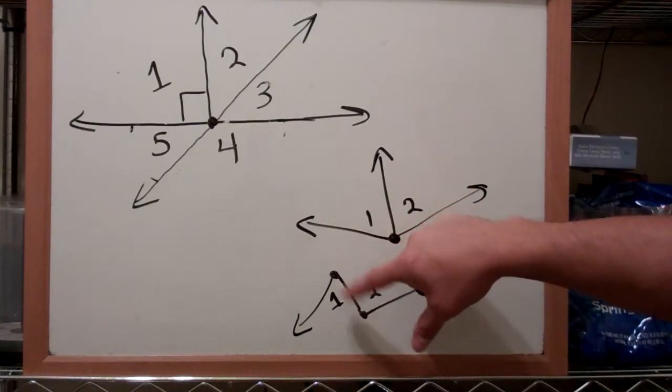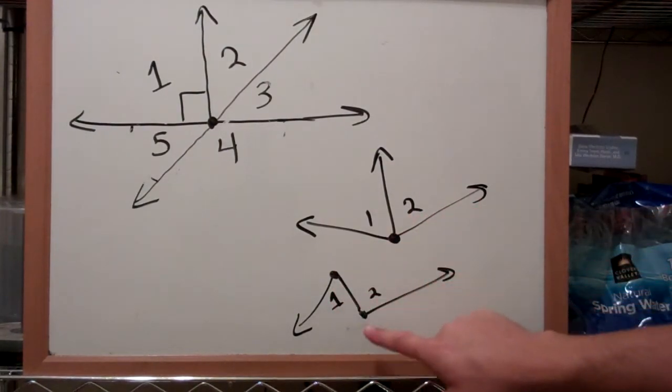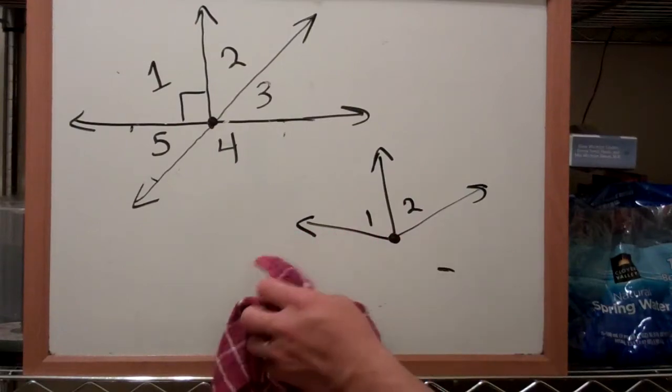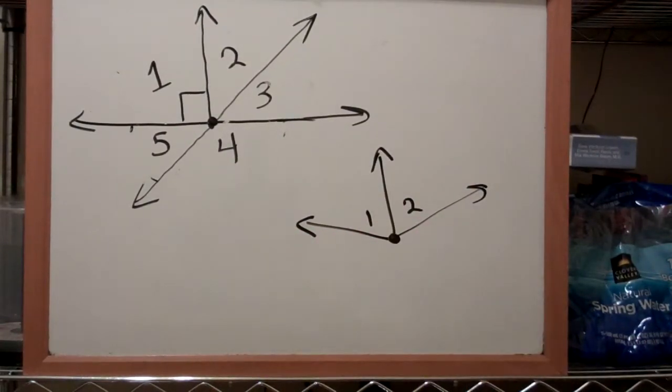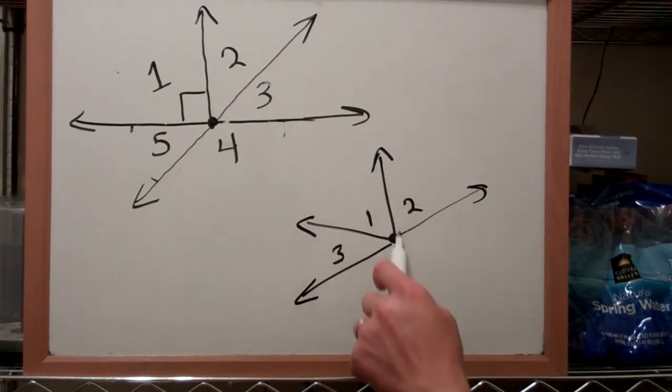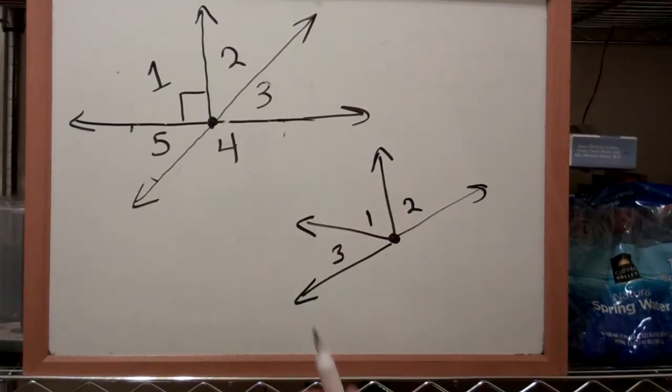They share a common side, but not a common vertex. Adjacent angles also don't overlap each other. If we had another ray out here, we could say 3. We would not say angle 3 and this angle here are adjacent because they're overlapping each other.